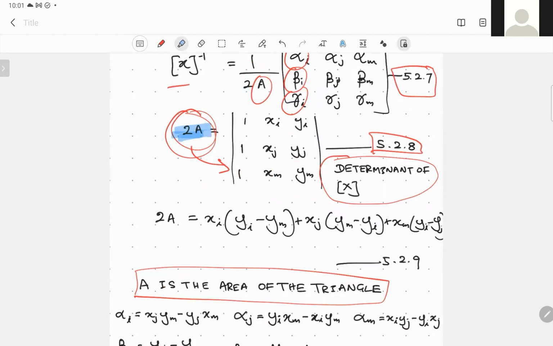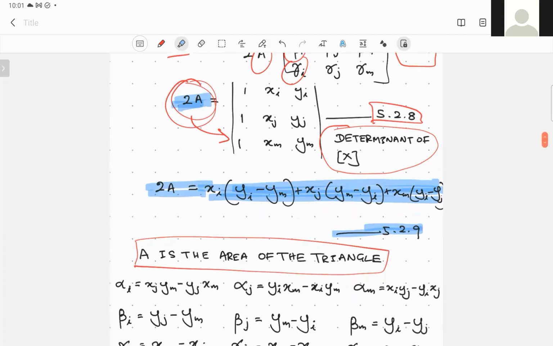You know how to find the determinant of this matrix. If you expand this and further simplify it, you will end up getting the relationship given by equation 5.2.9, and you will be able to easily calculate the area of the triangle.